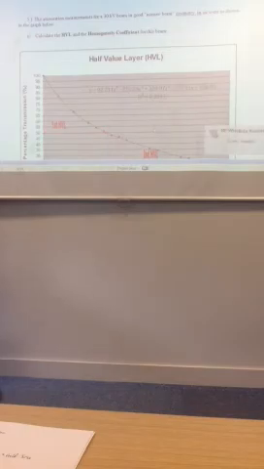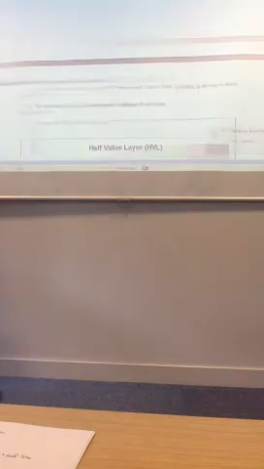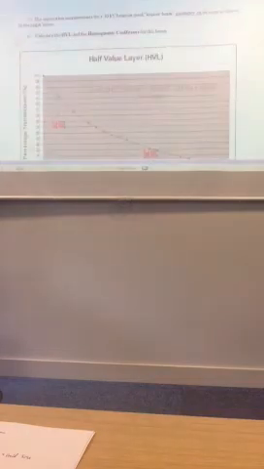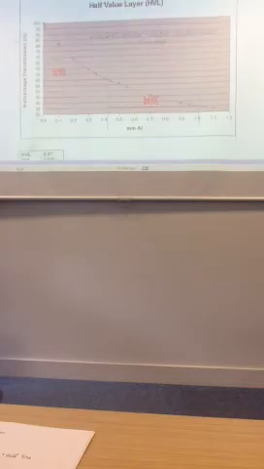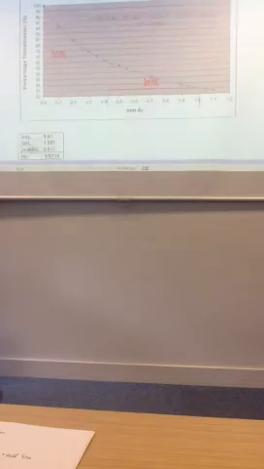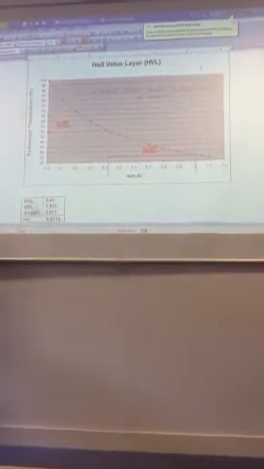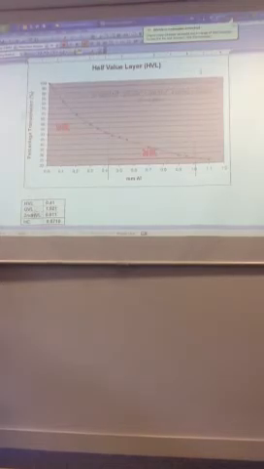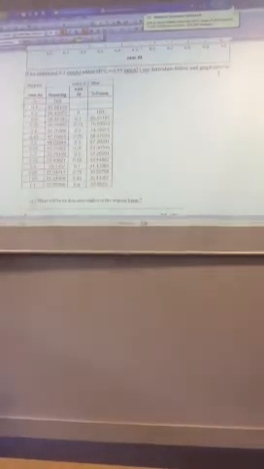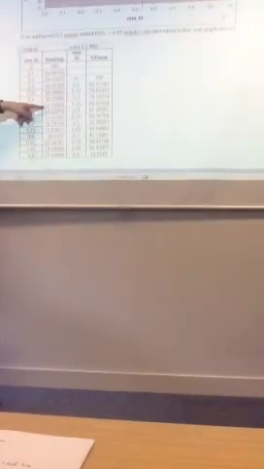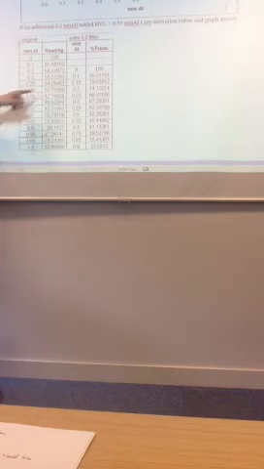Well, first couple of things, going back to here, there was a request to calculate a half-value layer and homogeneity coefficient. Well, the half-value layer is the thickness at which the dose drops to 50% of the original dose, and therefore you need to look somewhere between 50.7 and 47.1, but obviously much closer.